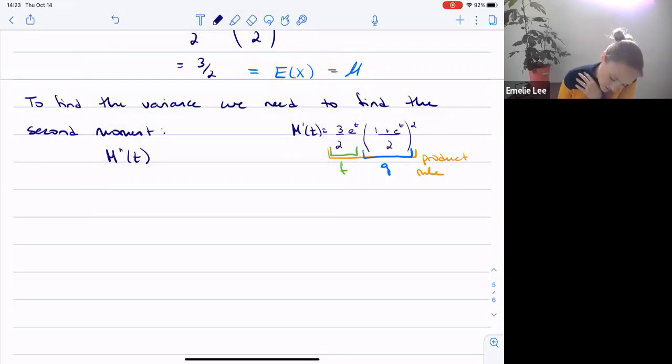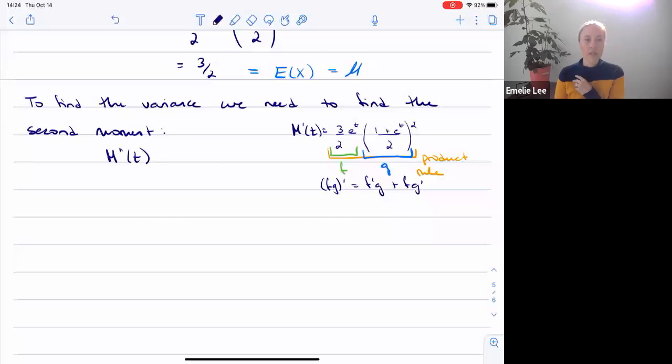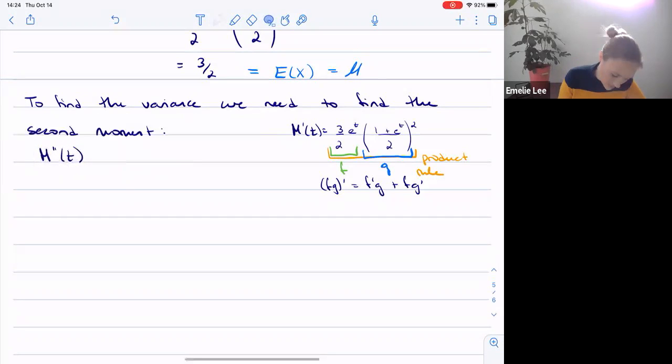So remember, the product rule says that the derivative of f times g is f prime g plus f g prime, right? You can switch those around if you want to, but I always think of the derivative of the first times the second plus the first times the derivative of the second.